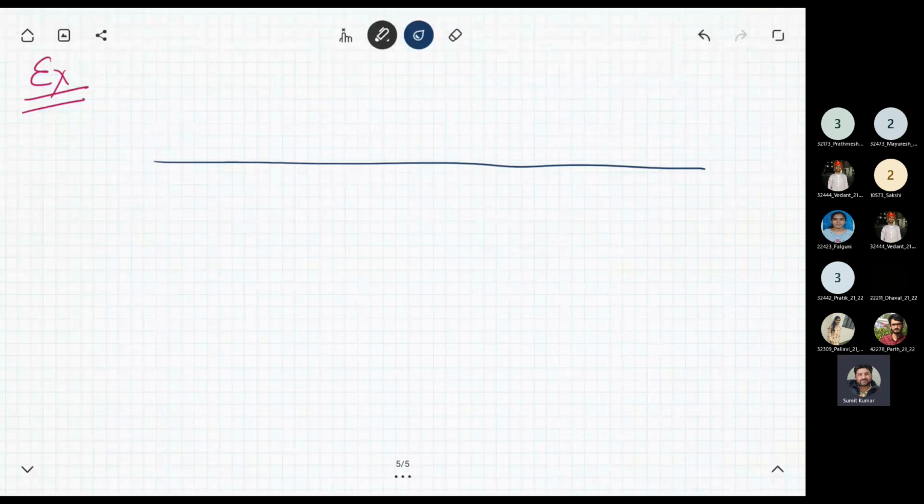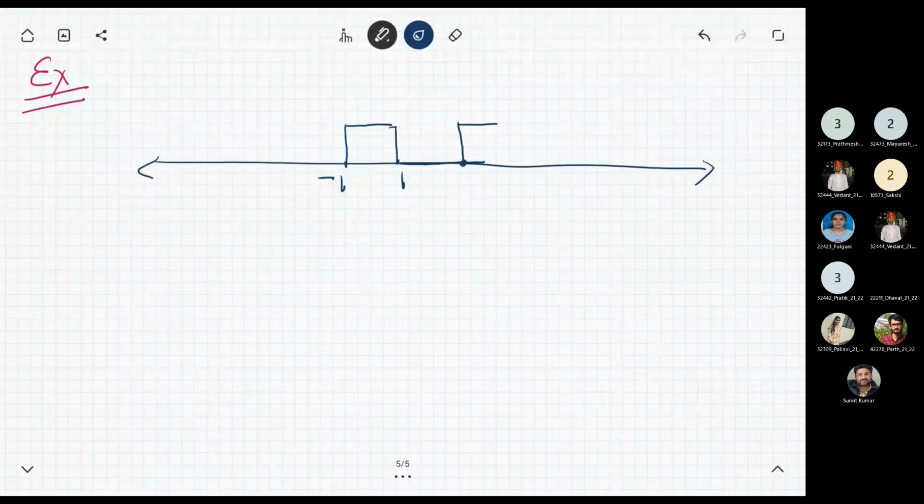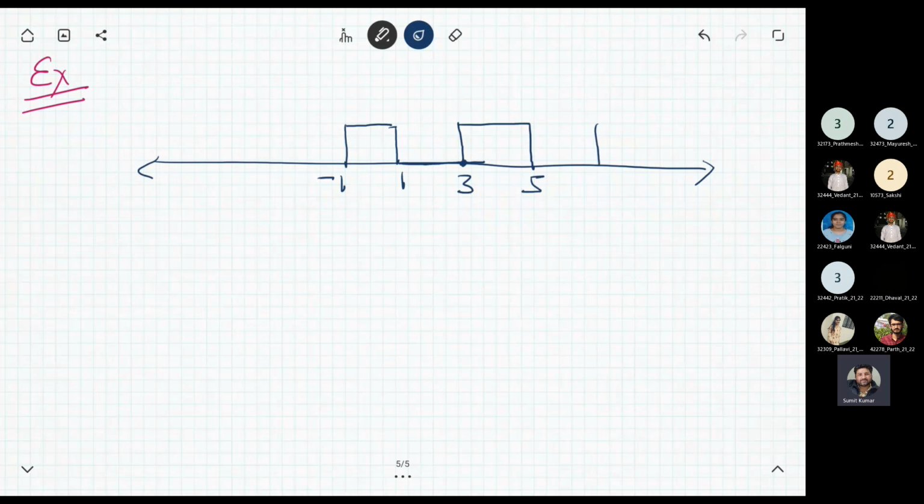Between -1 to 1 it is 1, then from 1 to 3 it is 0, and then 3 to 5 it is again equal to 1, and then 7 to 9 it's 1, something like that.